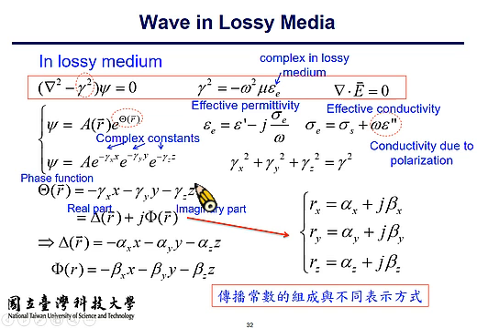Because conduction current J equal to sigma times E. If you have the electrical field intensity and you have conductivity at the same time, it will induce conduction current. The generation of conduction current, of course, requires some energy. So it turns out that if you propagate in a somewhat conductive medium, then part of the energy of the wave will become the energy of your conduction current, okay?